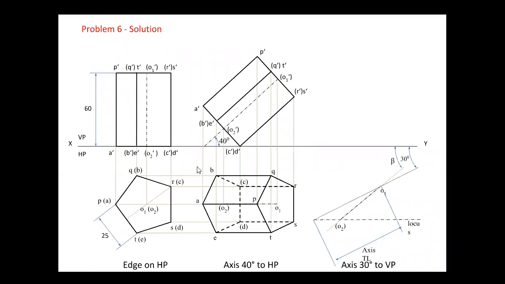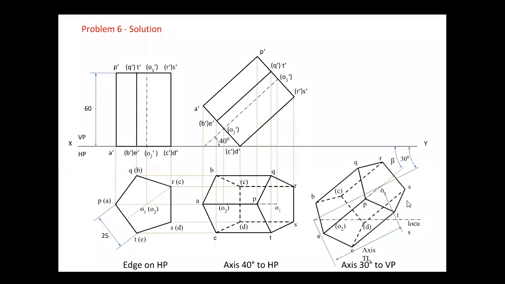I hope you know this, as I have already done it in the problems we have covered. Then I'm going to place this whole pentagon and join all the edges of the bottom base and the top base, and also the longer edges which run from the bottom base to the top base, along this new line which I have drawn.